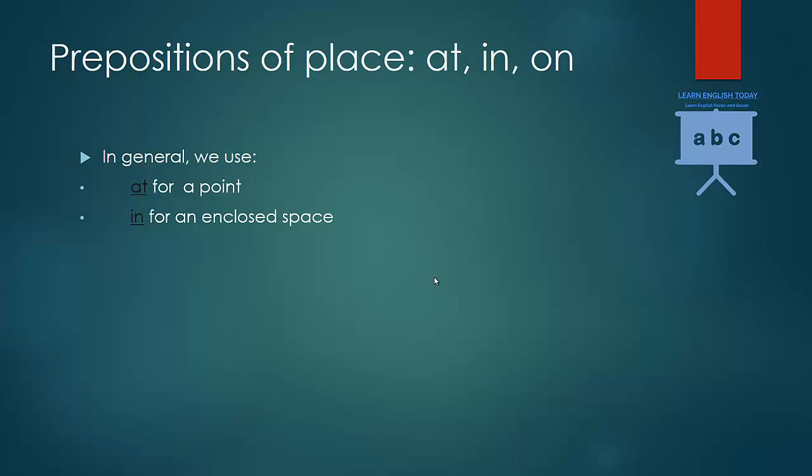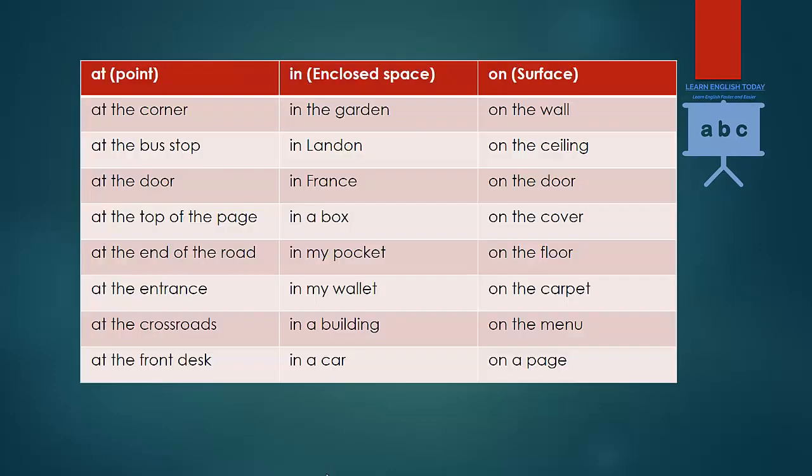And on is used for a surface, on the top of something. So at is used for a point, in for an enclosed space, and on for a surface.